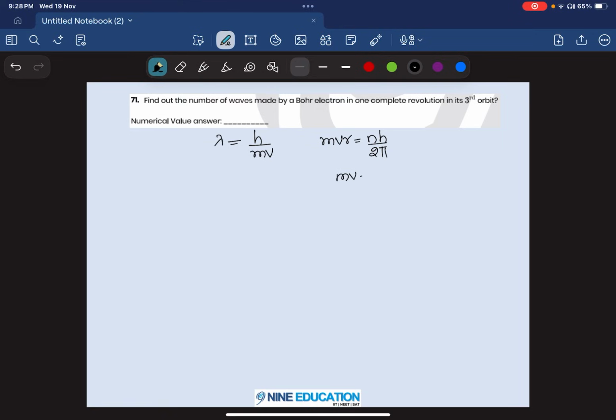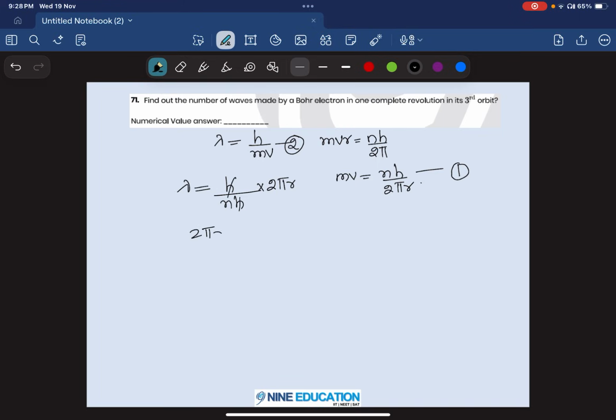From here mv is equal to nh by 2 pi r. Substitute this equation in equation 2.